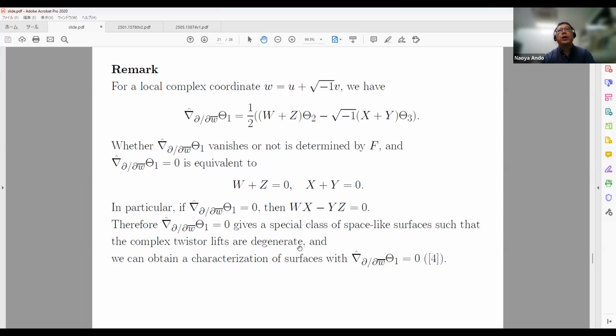The degeneracy is defined similarly as in section 2. And we can obtain a characterization of surfaces with this condition.